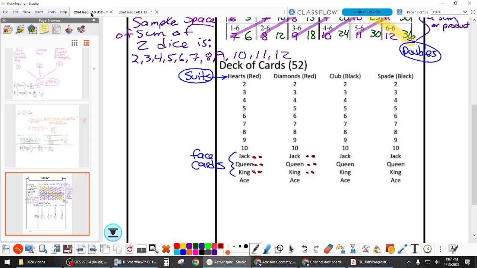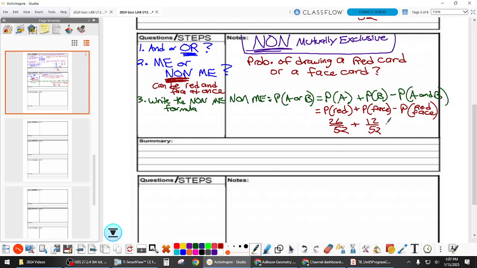So what do we have to do with those guys to fix that problem? Subtract them. We have to subtract them because then they go back to being counted once. It would be like subtracting off one set of dots, essentially. So we're going to subtract 6 out of 52 that I double counted, those extra 6 dots that I put on there.